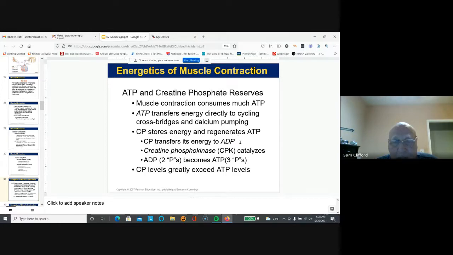But then you're not going to get maximum contraction. So that's why the runners are running more slowly when it comes to the 1,000 meters versus the 100 meters.